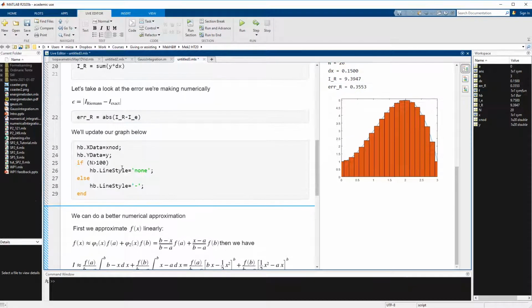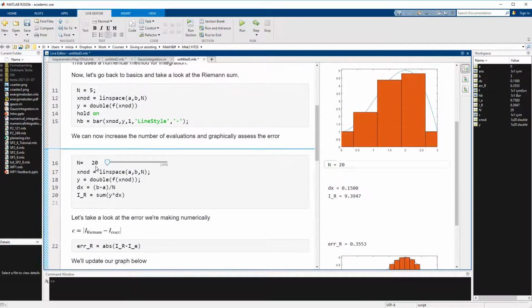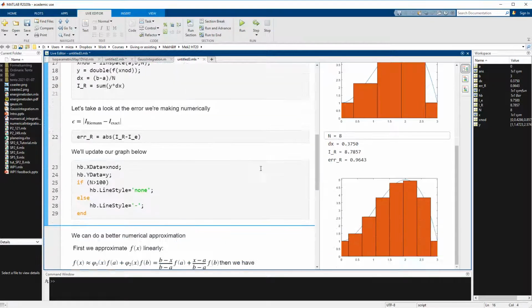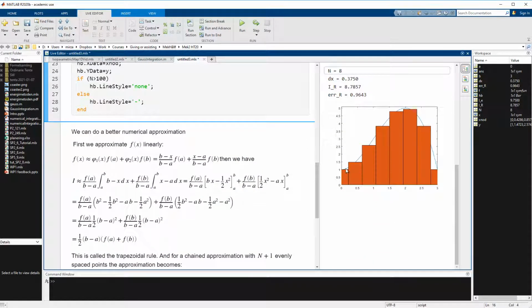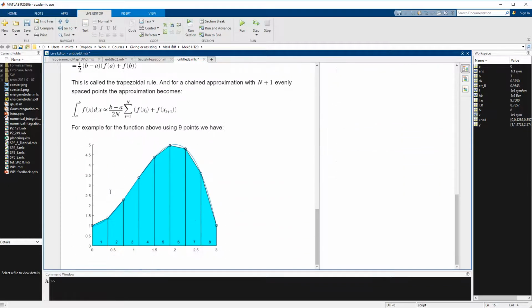So if we go up here and set this to 8, we can see the difference. This is very jagged and very imprecise. Just look at the white area here, which represents the error, and look at this area here, which also represents the error. It's quite a bit smaller.